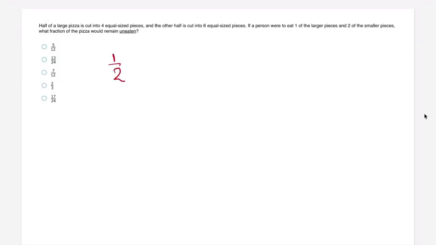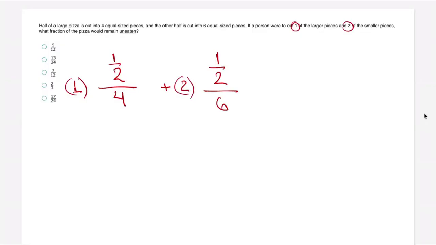Half of a large pizza is cut into 4 equal-sized pieces, and another half is cut into 6. If a person eats one of the larger pieces and 2 of the smaller, what fraction of the pizza would remain uneaten?